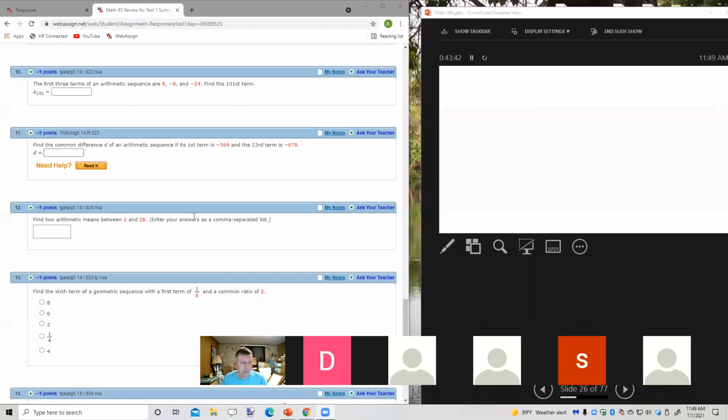Okay, let's take a look at number 10. All right. The first 3 terms of an arithmetic sequence are 8, -8, -24. Find the 101st term. Okay. So arithmetic sequence, therefore it's a sub n equals a sub 1 plus the quantity n minus 1 times d.